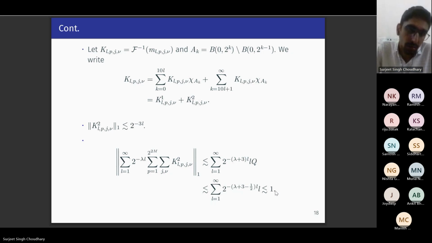Then using Minkowski's integral inequality, we can get L^p boundedness when p1, p2 are bigger than or equal to 1 and p is also bigger than or equal to 1. Now it remains to study the boundedness corresponding to the kernel K1 and the sum over all ℓ, P, J, and ν.